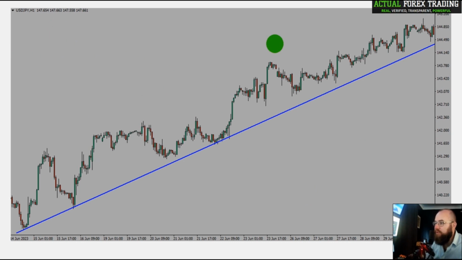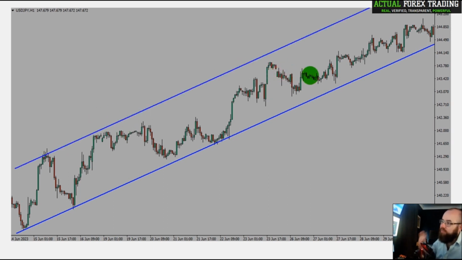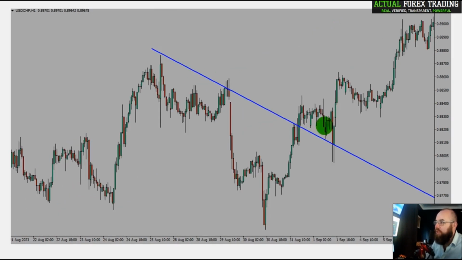And we can do the same here with a diagonal support. We have this clear uptrend, price reversing. So reverse, reverse, reverse, it just keeps finding support around this area. We can connect the highs together also to create this bullish channel. So price often moves in channels, sideways channels, upward channels, and downward channels.